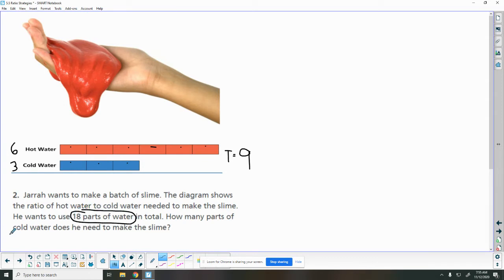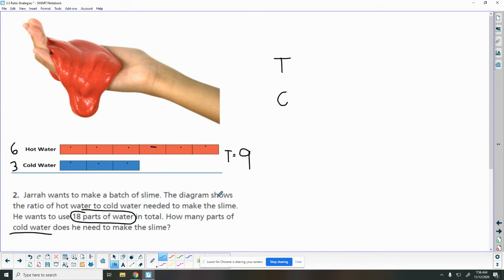How many parts of cold water does he need to make the slime? So I'm comparing my total and my cold water. So I'm going to set up a proportion, and I'm going to put total on the top and cold water on the bottom. Now we could switch these as long as we match everything up. But since it asked for total first, I'm going to put my total on the top, cold water on the bottom.